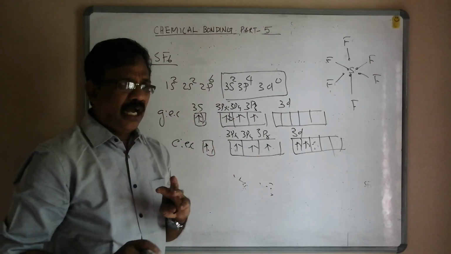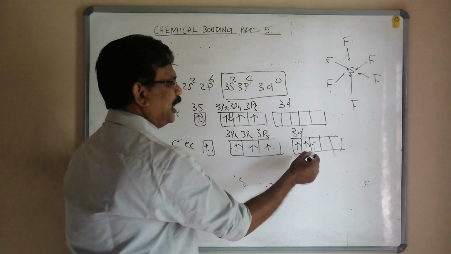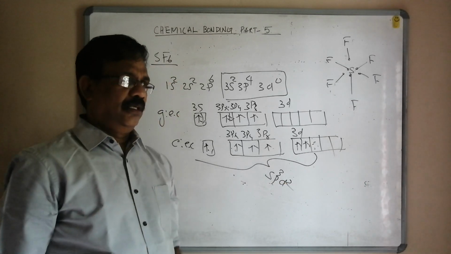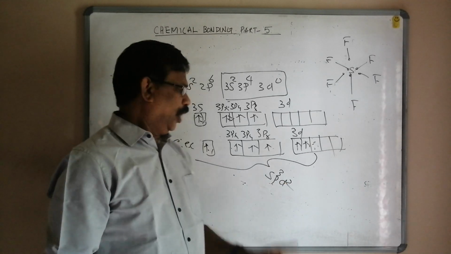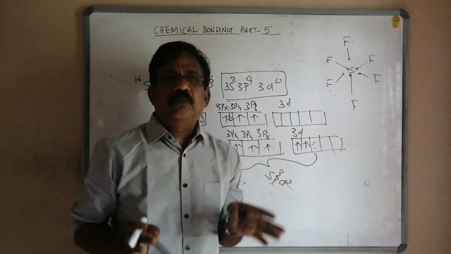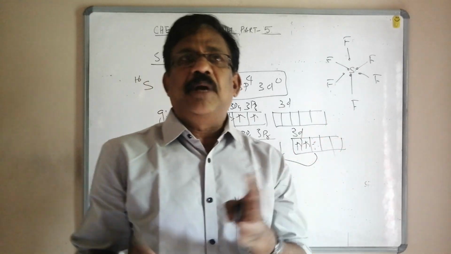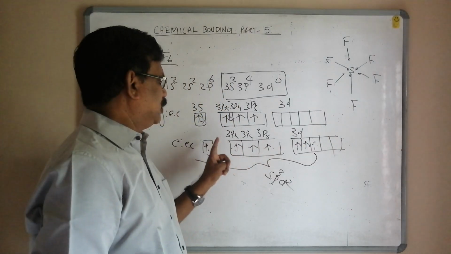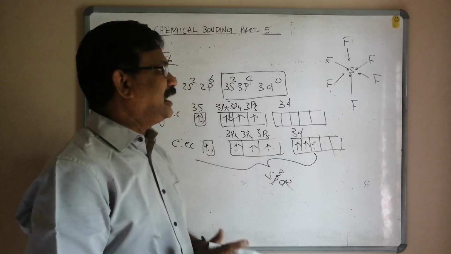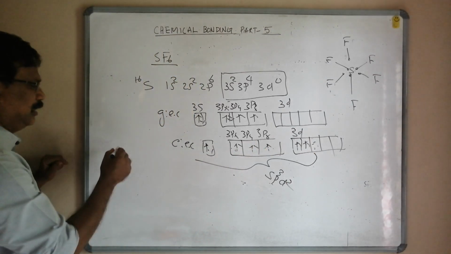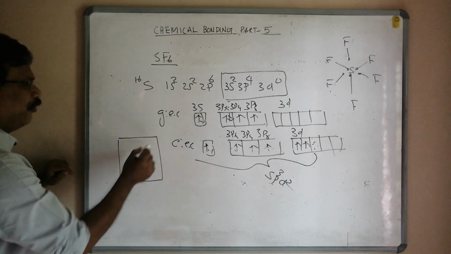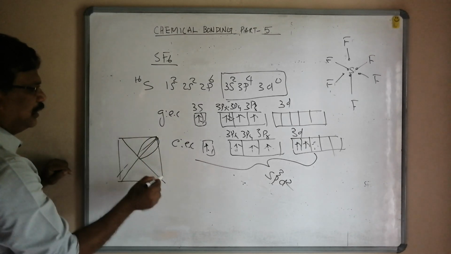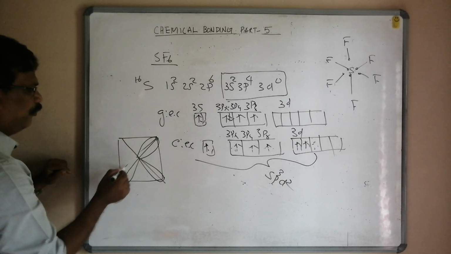After excitation, the central atom undergoes which hybridization? sp3d2, a new hybridization. 1 s, 3 p and 2 d orbitals are involved, so 6 orbitals, and 6 hybrid orbitals are produced. 4 orbitals lie along the 4 corners of a square.